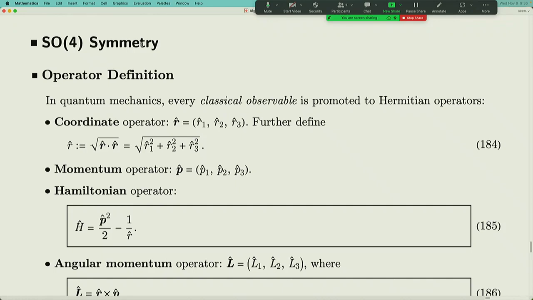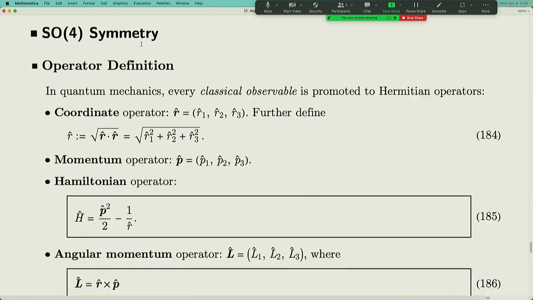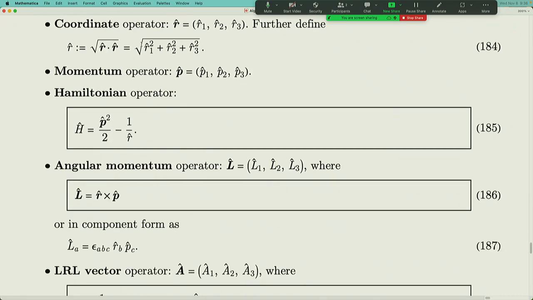We can also define the momentum operator, and then the Hamiltonian operator will be given again by just replacing every quantity by its operator form. And then the angular momentum operator, as we previously already saw, is basically R cross P, again in terms of operators.